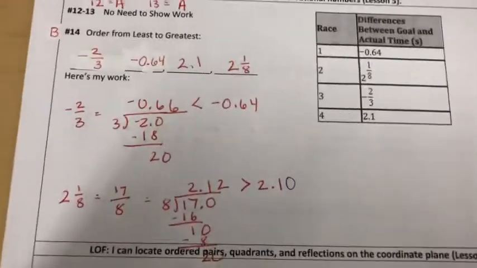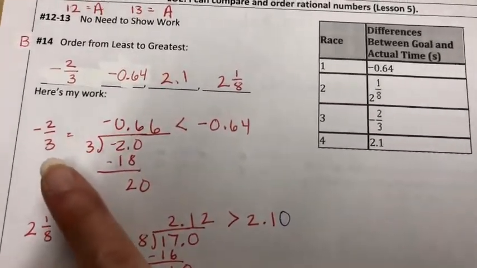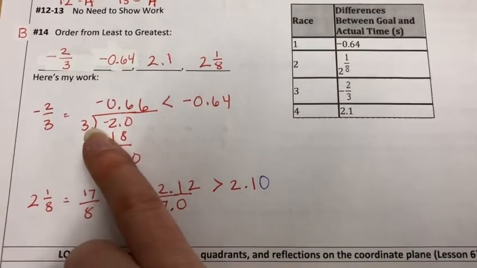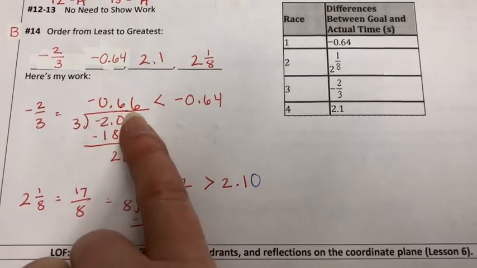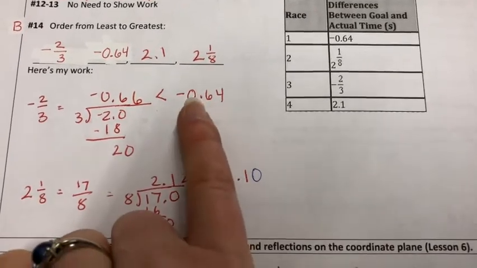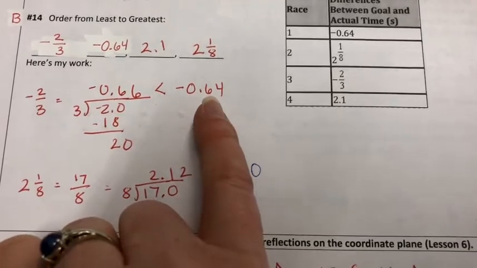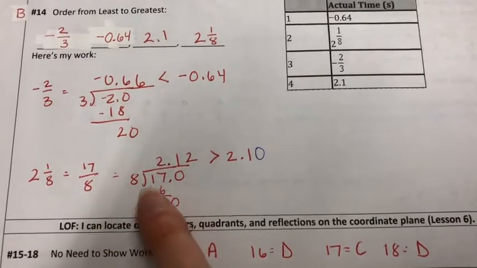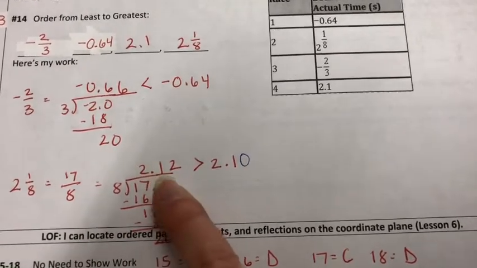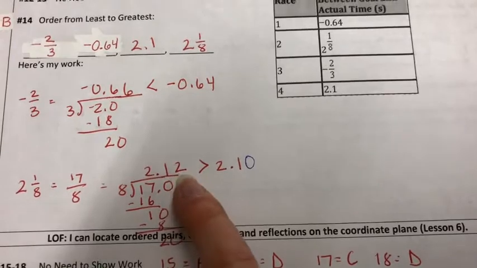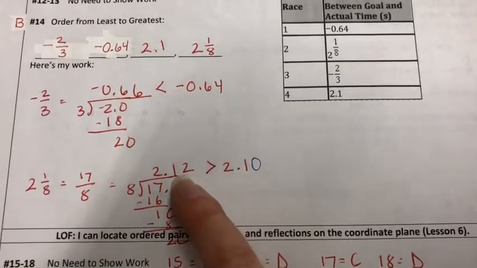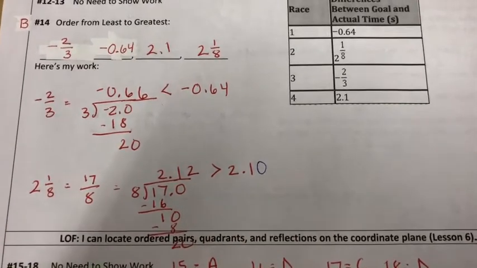So for 14, we have to put these numbers in order. And what you have here, comparing the -2/3 to -0.64. When you divide 2 divided by 3, and you compare 0.66 and 0.64, they're negative numbers, so the -0.64 is greater. 2 and 1/8 is 17/8. 17 divided by 8, you're starting to get 2.12. 2.12 would be greater than 2.1 because that'd be like 2.10, and positive 12 is greater than 10.